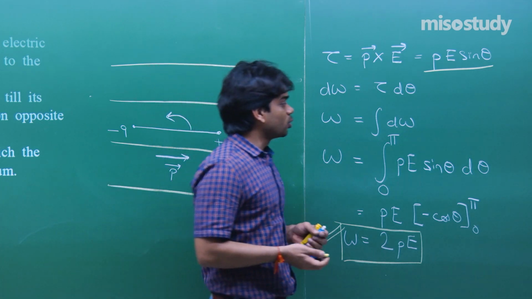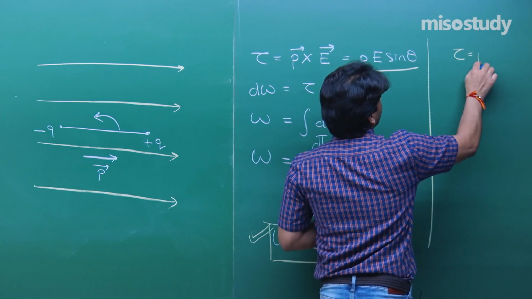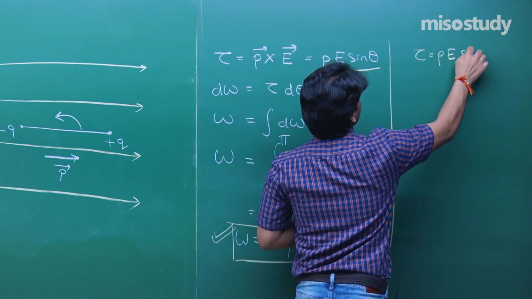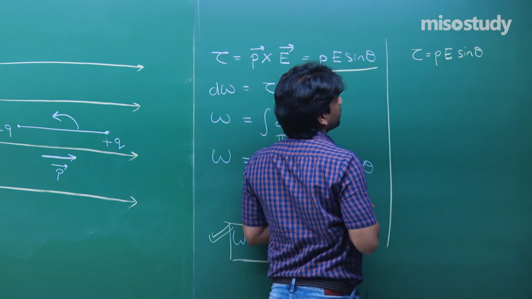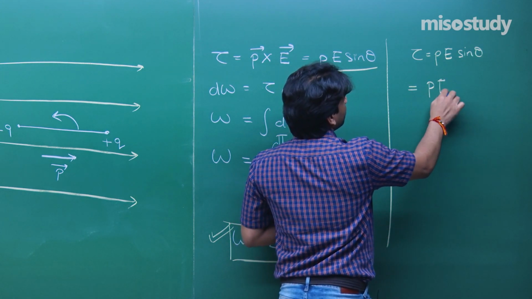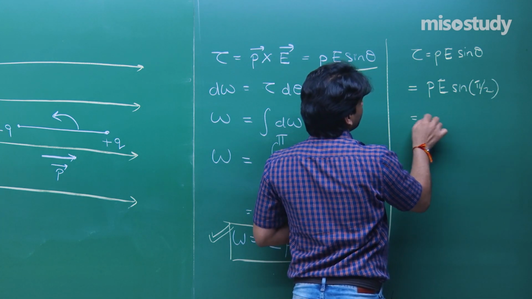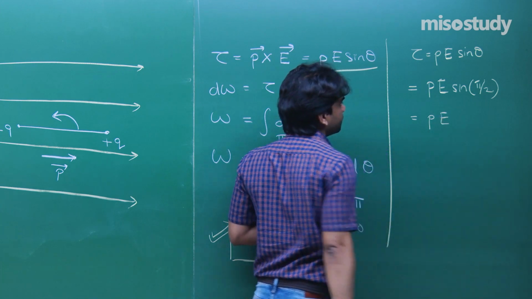So if theta is pi by 2, torque will be maximum. Let me just mention here, torque is PE sin theta, so torque is equal to PE sin pi by 2 at angle pi by 2. So you will get the maximum, that is PE.